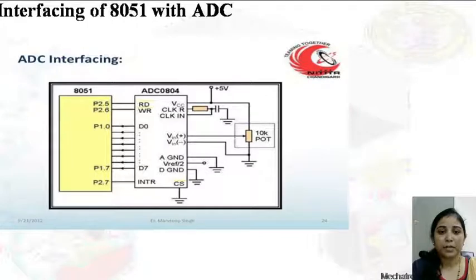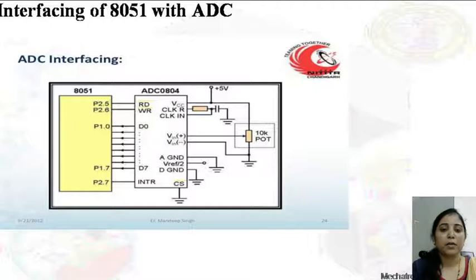Other than port 1 pins, we are making use of port 2 pins. P2.5, that is the 5th pin of port 2, is connected to read of ADC 0804, and P2.6, the 6th pin of port 2, is connected to write of ADC 0804.